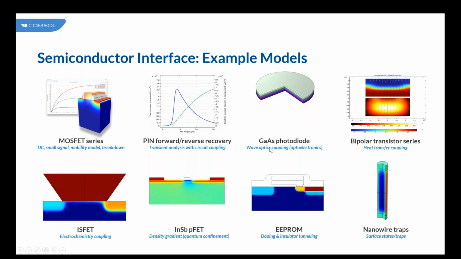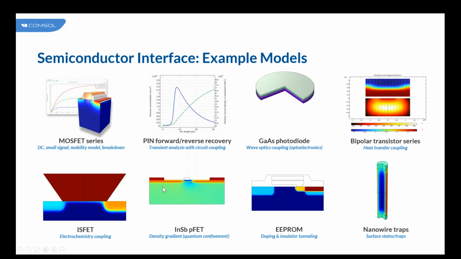And this photodiode, coupled with the wave optics, and thermal effect coupled with the heat transfer. So we have this ion sensitive field effect transistor. Basically, the bottom is a semiconductor, the top is an electrolyte, and the coupling between them is a multiphysics coupling that can be done in COMSOL.